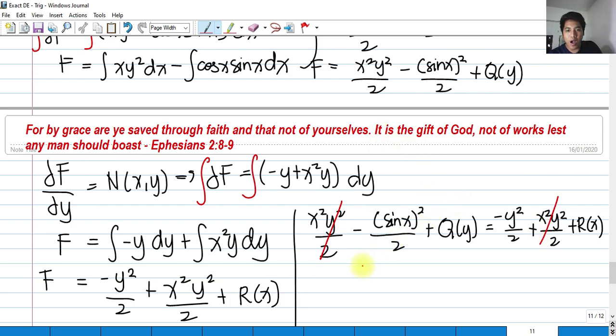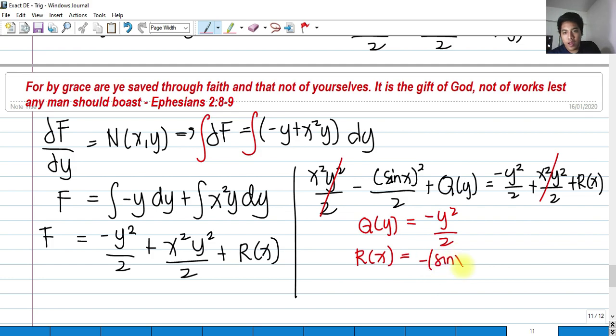So our q of y is therefore a pure term in y on the other side of the equation, so we have negative y squared over 2. And r of x is a pure term containing x on the other side of the equation, so we have negative sine of x squared over 2.